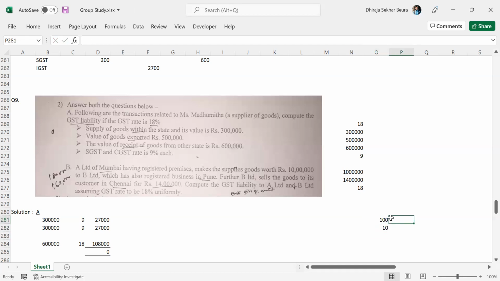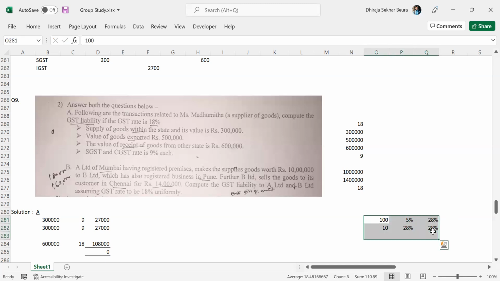Stapler GST rate is 5%, for example, and pin is 28%. Still, both of them will be charged at 28% only. The reason is, it is a mixed supply and the highest rate will be applicable to the whole mixed supply, not just one of them.